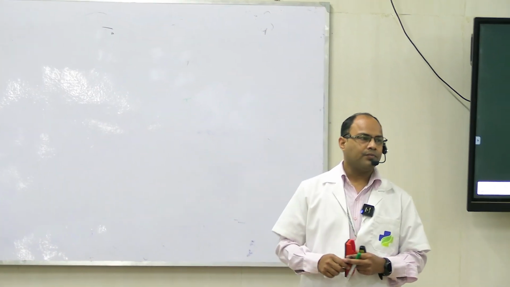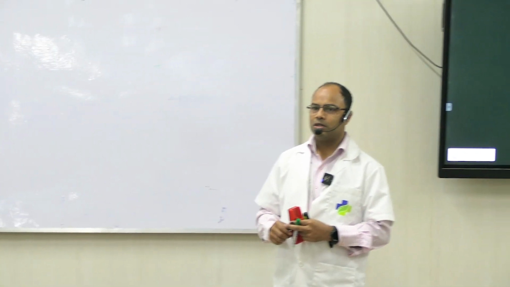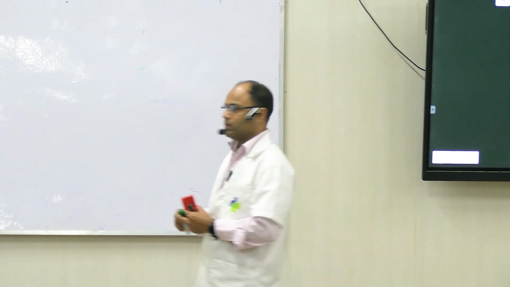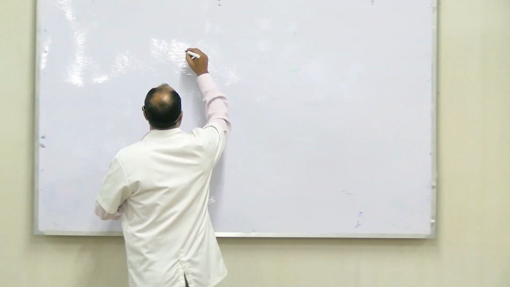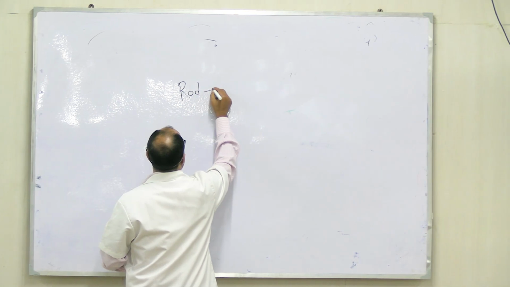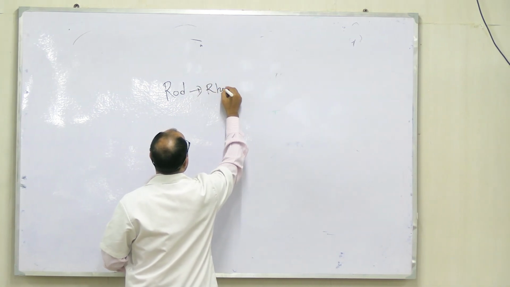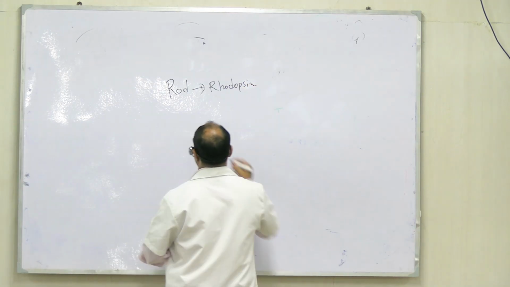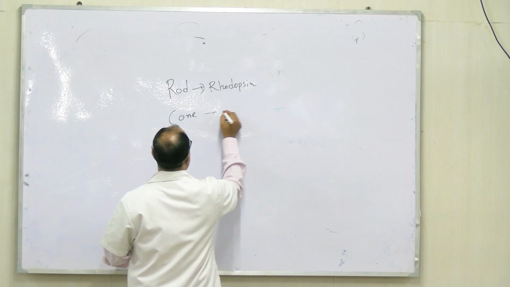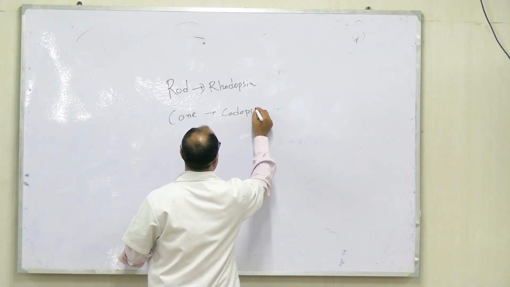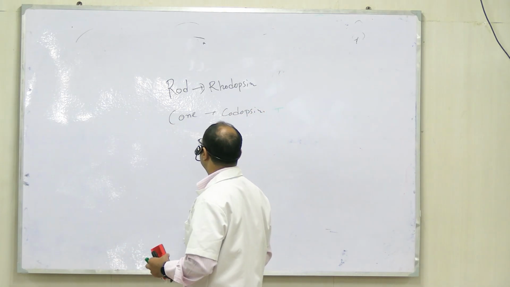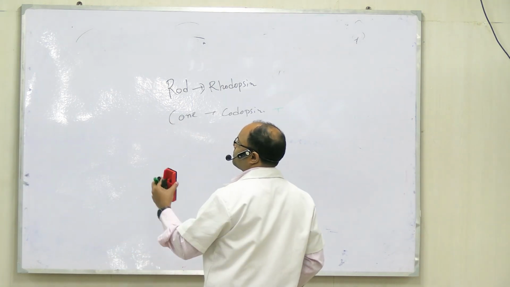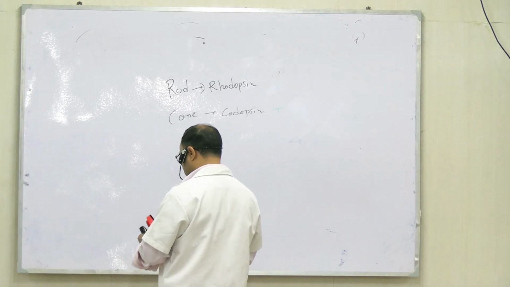Their names come from their pigments. Rod cells have rhodopsin, and cone cells have iodopsin. Okay, so the Wald's cycle describes rhodopsin, so start from rhodopsin.